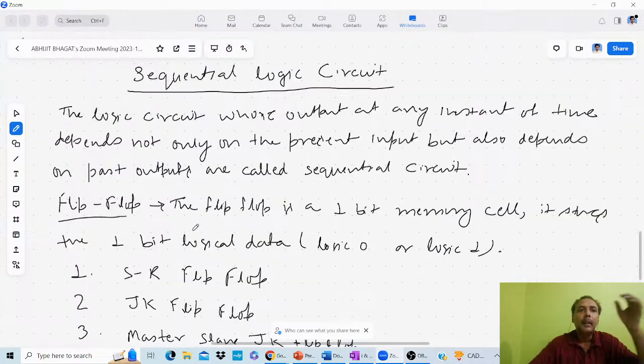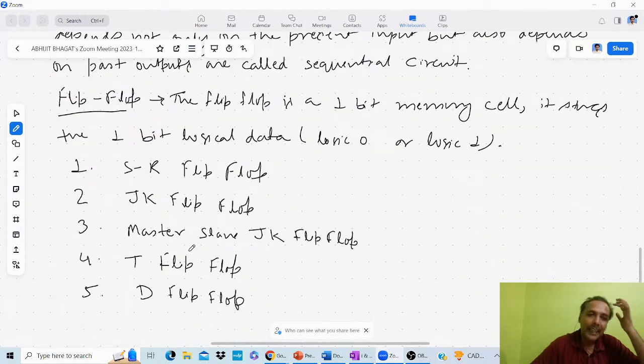So we discussed the sequential circuit. We already know the examples of combinational circuits are adder and subtractor. And the examples of sequential logic circuits are flip flops and latches.